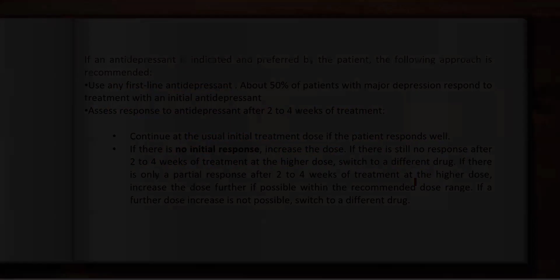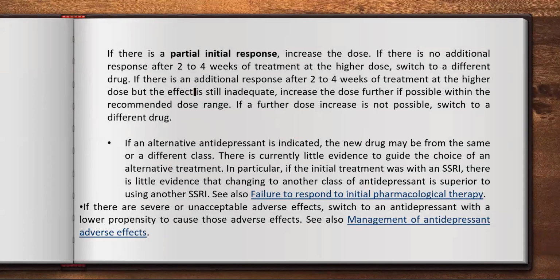Okay? So the main thing is that if partial response or no response, you increase the dose first. Then again recheck in 2 to 4 weeks' time. But if it's still not improved, then you switch to a different drug. Now, if you switch to a different drug, will you start with the SSRI or another antidepressant?